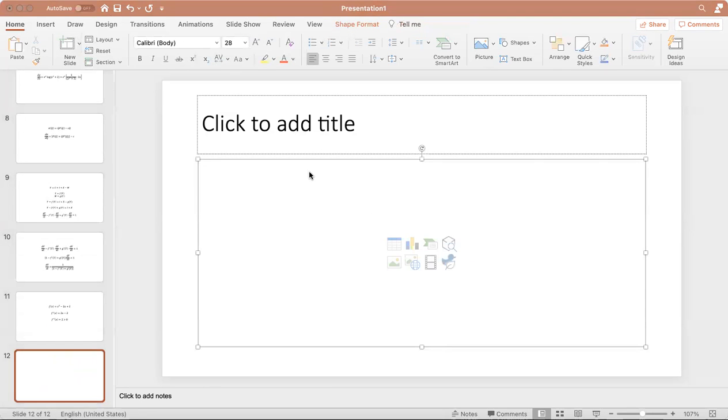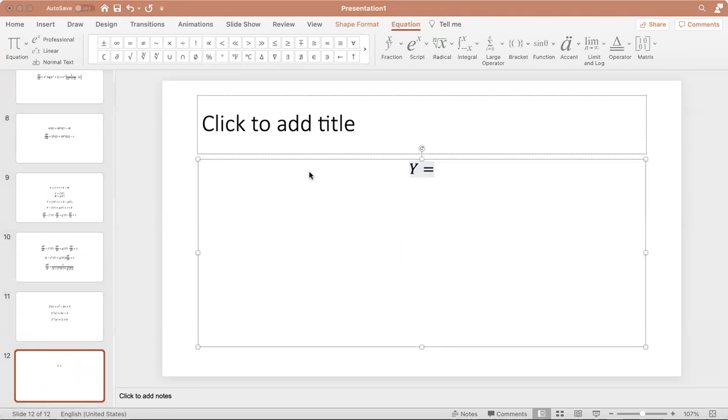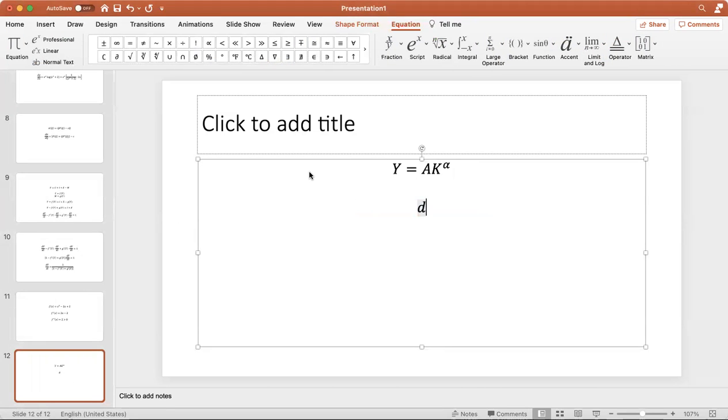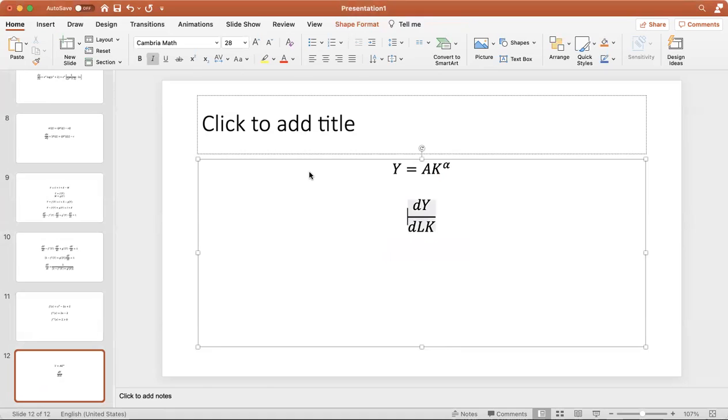You have y equals A k to the alpha, and most likely you'll see this again in macro. Let's examine for concavity and convexity. If you take the derivative of y with respect to k, you'll get alpha.